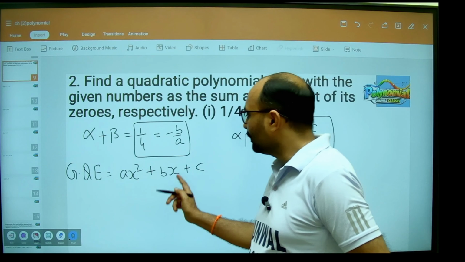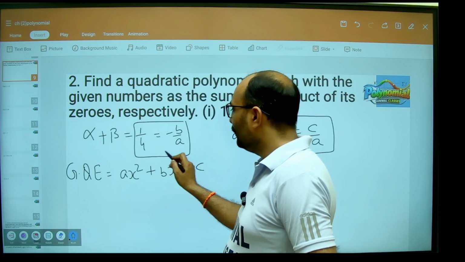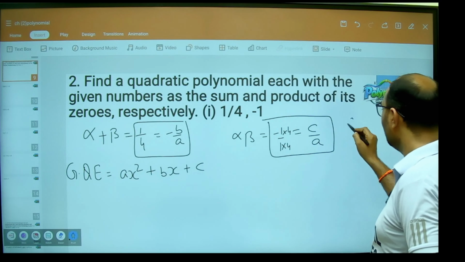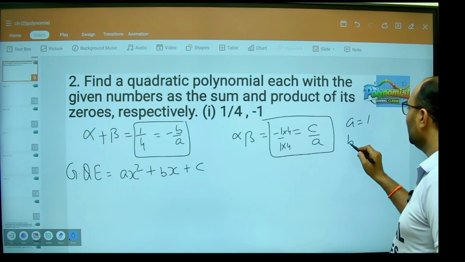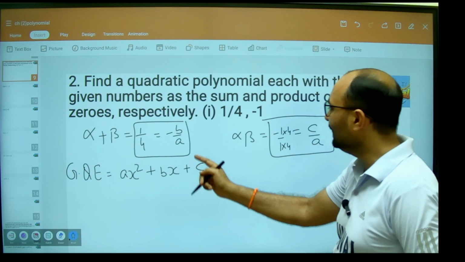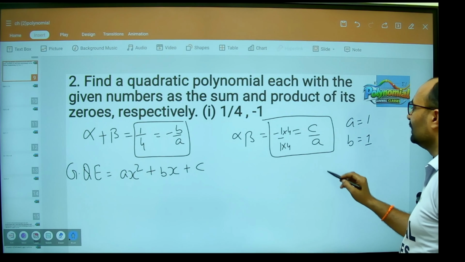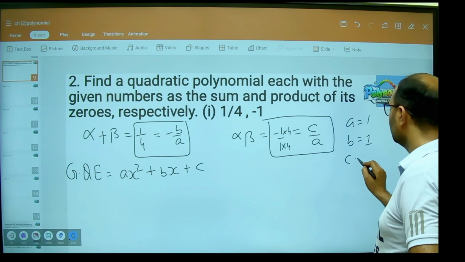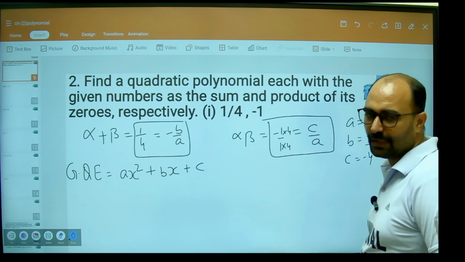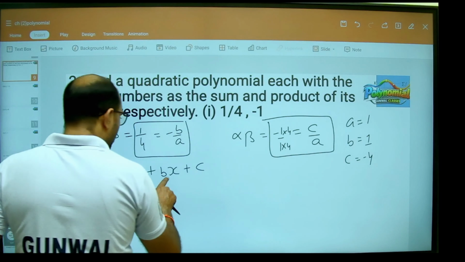Now substitute here. Value of a, from here, a is equal to 1, b is equal to, you have to change the sign. The value of b here is minus 1, but you have to change the sign. b is equal to 1, c is equal to minus 4. Now substitute these values a, b, c here.